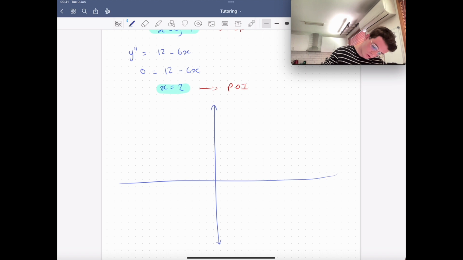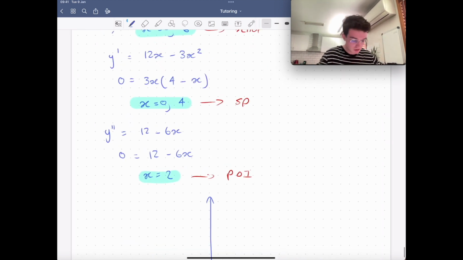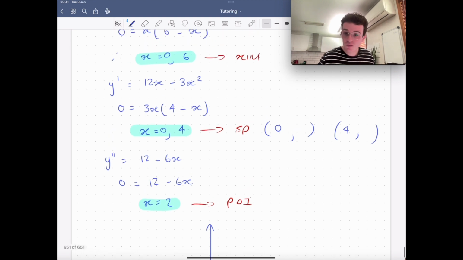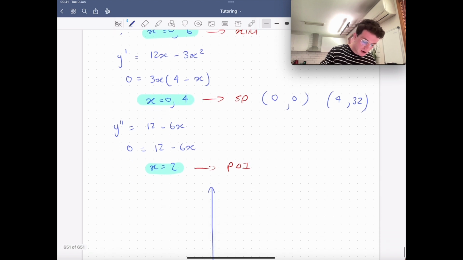Actually, what we might do before we do that is look at our stationary points and find the y coordinates of those stationary points. So we've got 0 and 4. Substitute that not into our derivative, but into the original equation, because we're trying to find the y coordinate. So for 0, we're going to have 0, 0. Plug in 4, we're going to have 6 times 4 squared minus 4 cubed, we get 32. We're going to do the same for our point of inflection.